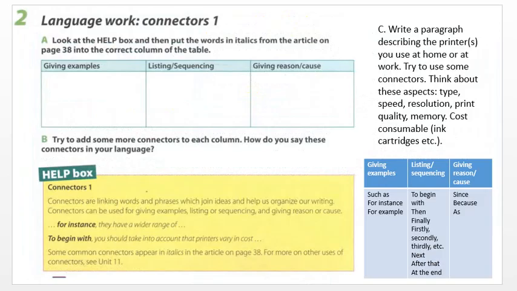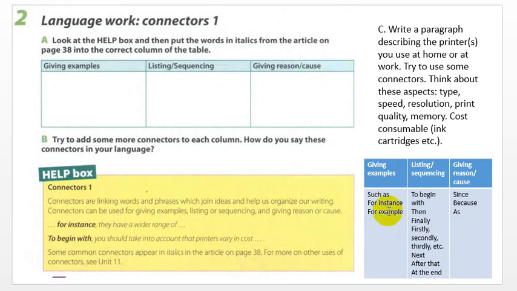Understand? Okay, let's see. Here is giving example, listing and sequence, and here it is giving reason. Giving example: you can see such as, for instance, for example.